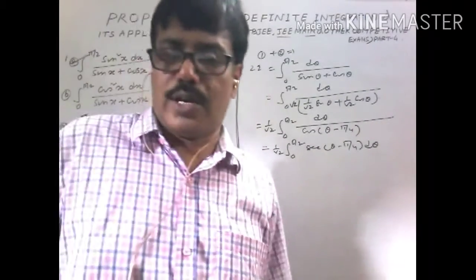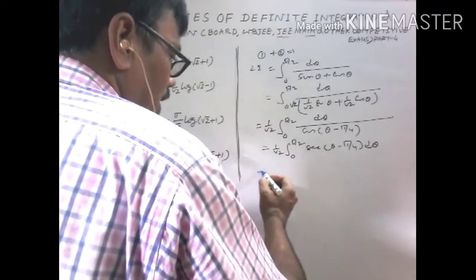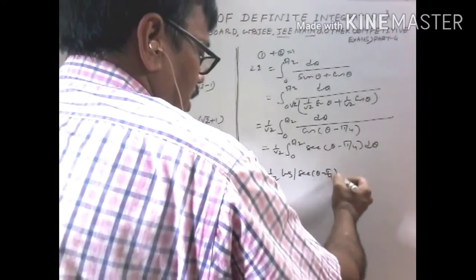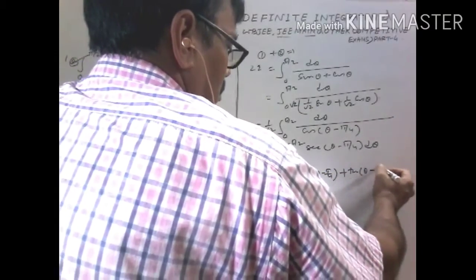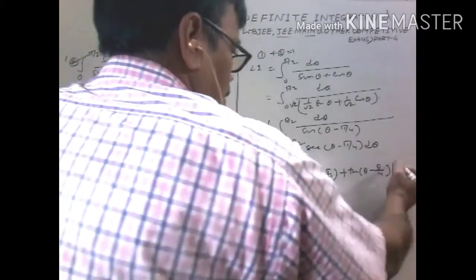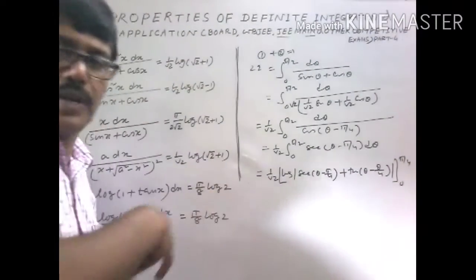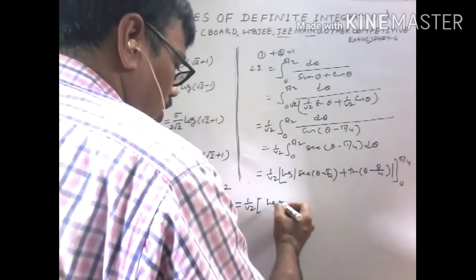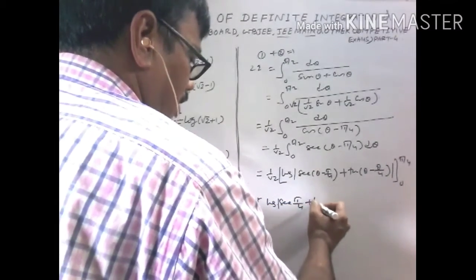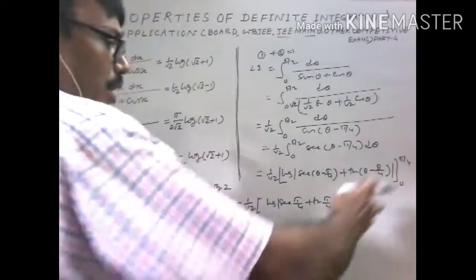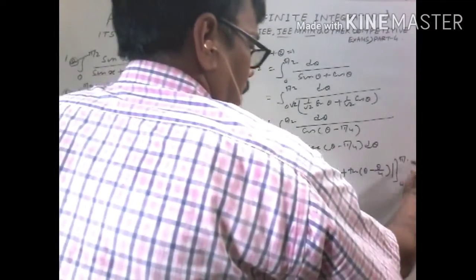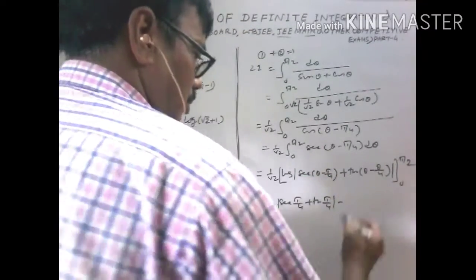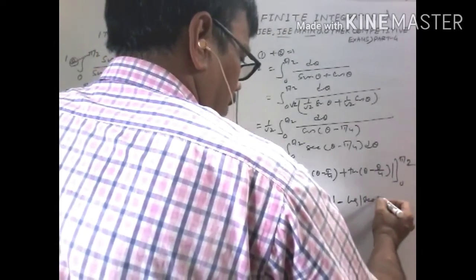So this is a standard one. If we integrate sec theta minus pi by 4, the integration of sec theta is log sec theta plus tan theta, from 0 to pi by 2. Now put the values: 1 by root 2 log sec pi by 4 plus tan pi by 4, minus log sec of minus pi by 4 plus tan of minus pi by 4.